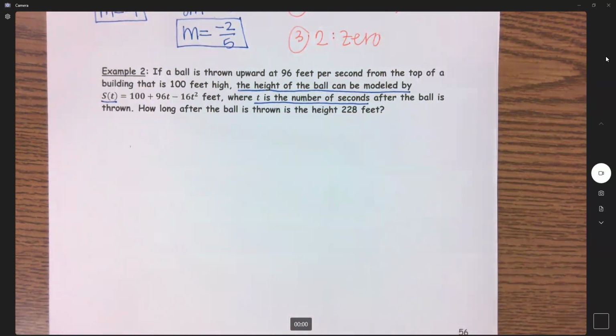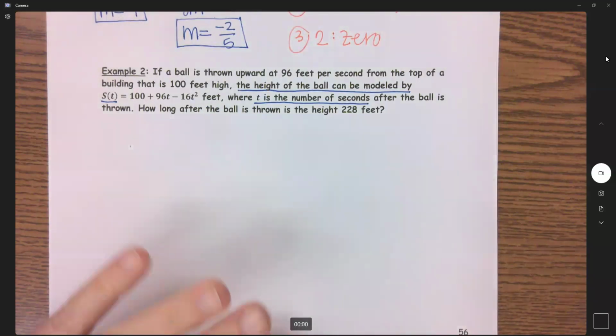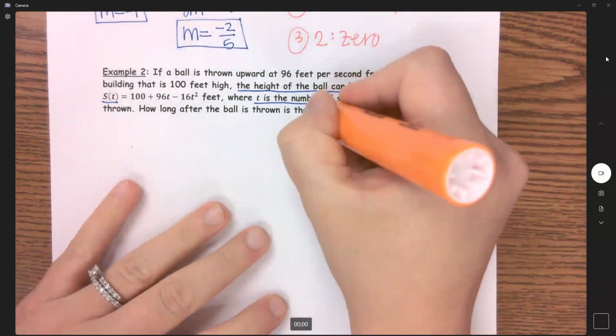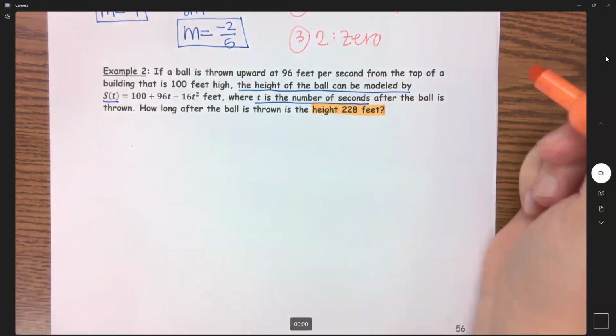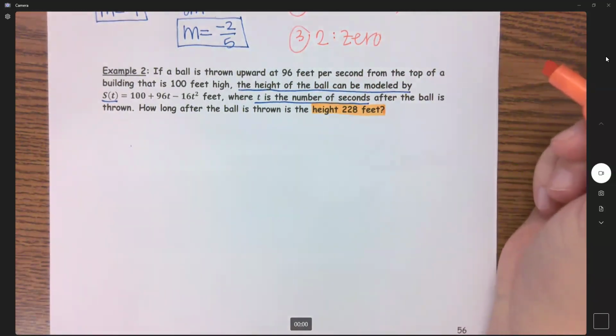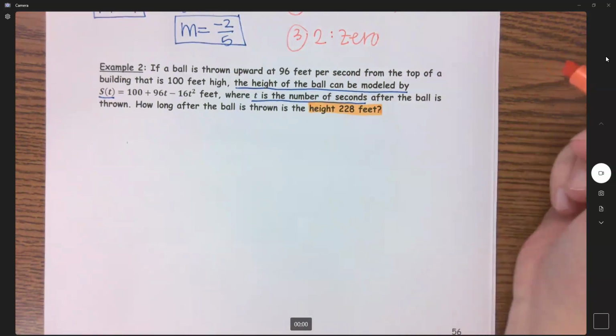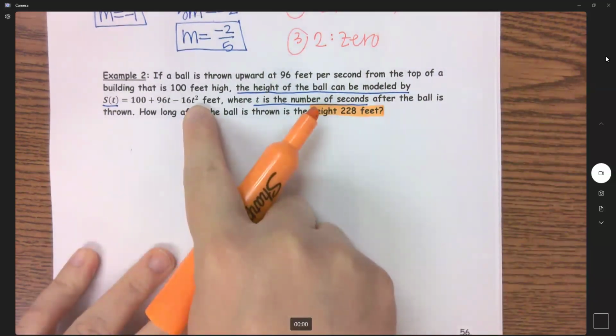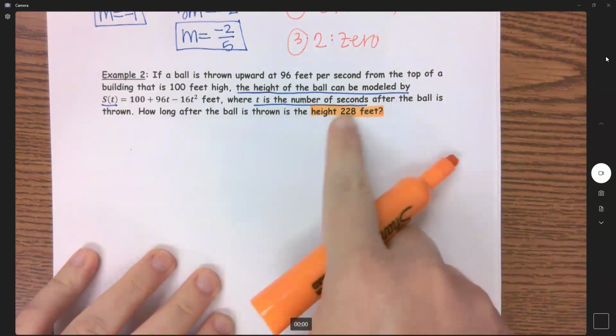How long after the ball is thrown is the height 228 feet? So if we're wanting to know, I'll use a highlighter again, but a different color, when the height will be 228 feet, I need to substitute 228 in for what? Does that represent my t? Well, no, t is the number of seconds, and this is height.